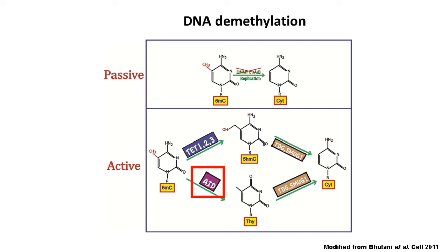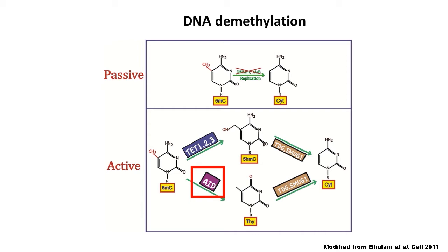DNA methylation is the addition of a methyl group to the 5 position of the cytosine, and the addition of the methyl group is done by the enzymes DNA methyltransferases. DNA demethylation, on the other hand, is the removal of the methyl group from the 5 position of the cytosine, and it can be achieved by passive and active mechanisms.